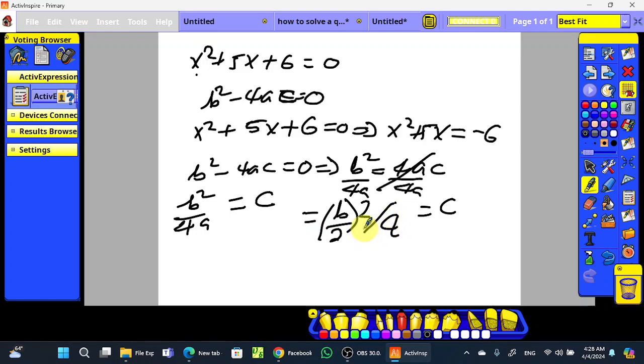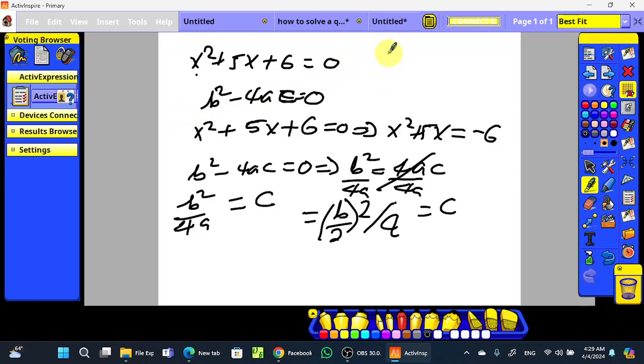See, if a is 1, just imagine if a is 1, you just divide the middle term, that b, by 2 and make it square. I can assure you will see after I solve this problem.